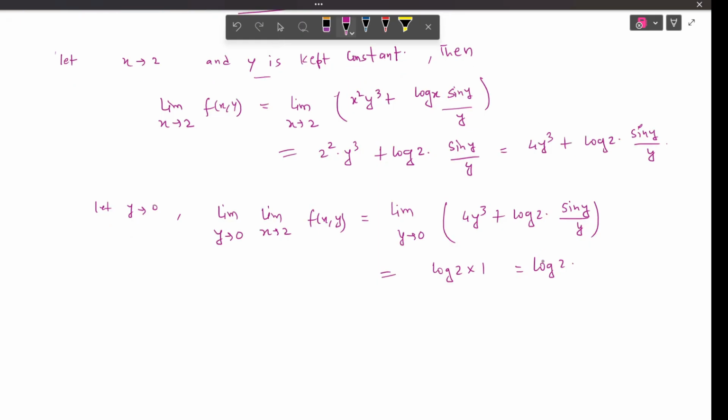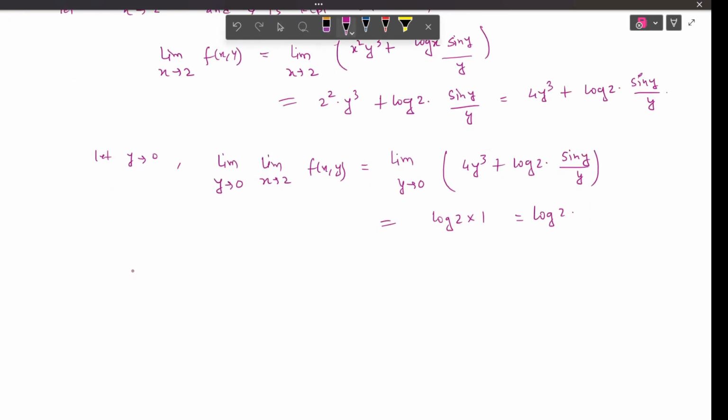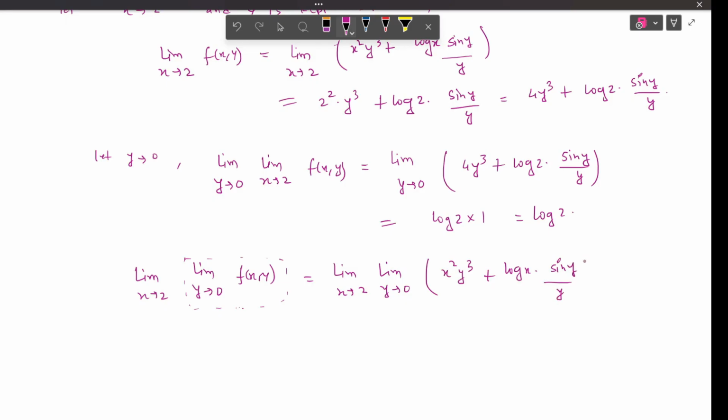Okay. Now let us calculate the opposite thing, that is limit x tends to 2, limit y tends to 0, f of x comma y. So in this case we have to take x as constant for the inner limit, right? This is x square y cube plus log of x into sin of y by y.